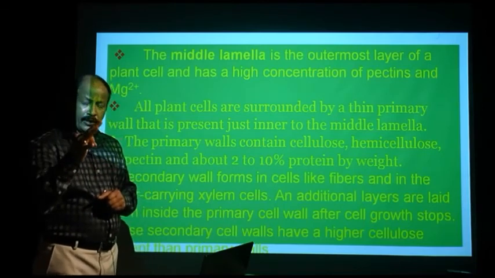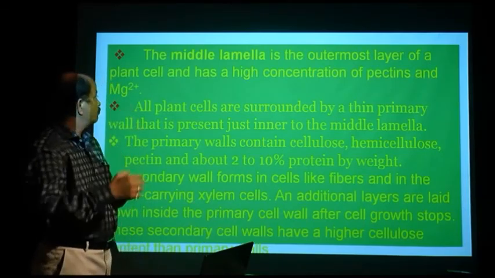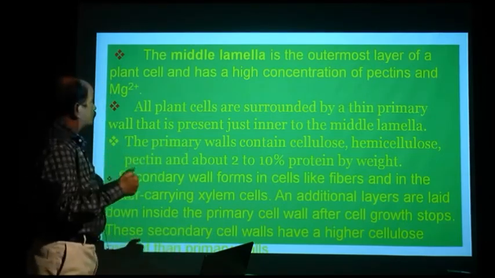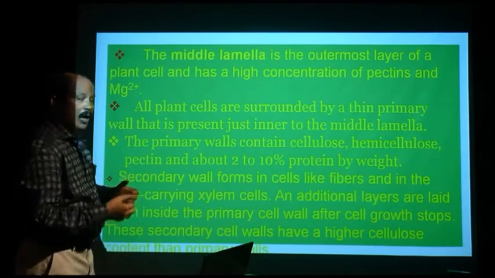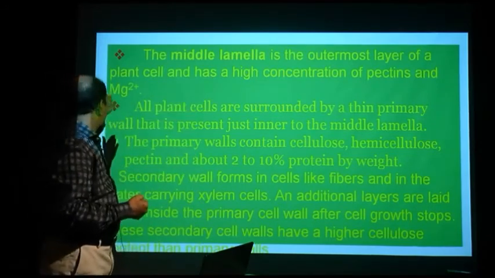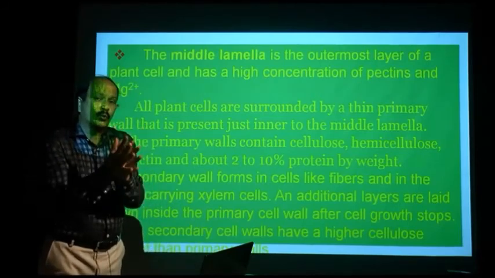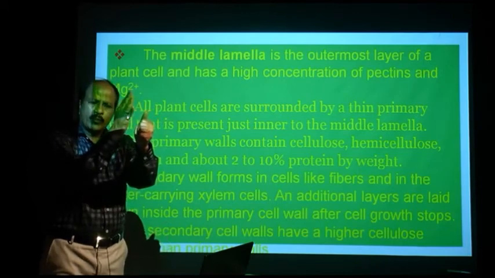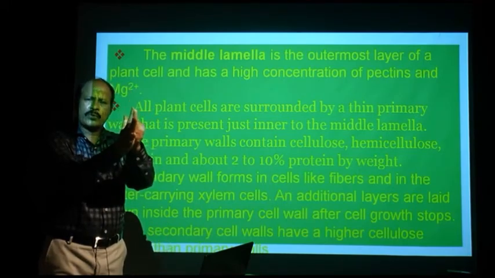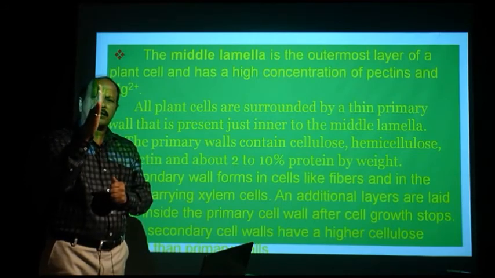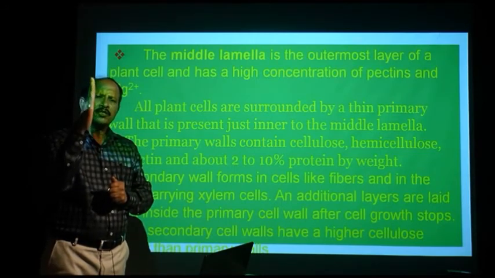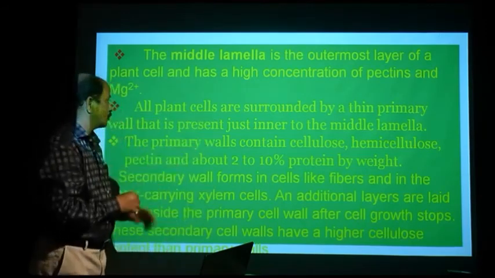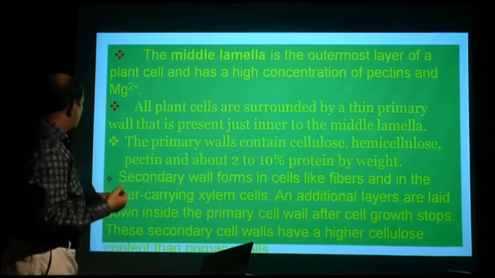Along with this pectin it contains magnesium, right? And calcium. This pectin and this divalent cation act as a glue that holds the cells together. The thin layer of substance in the cell wall is called the middle layer or middle lamella. The middle lamella is a glue. It binds two primary walls, as we will observe from the picture.